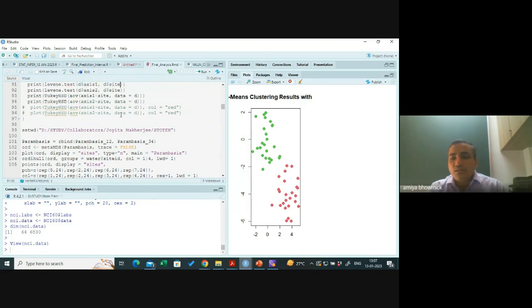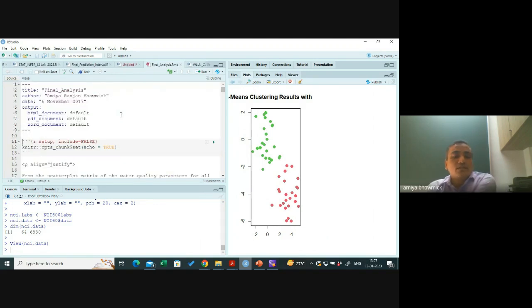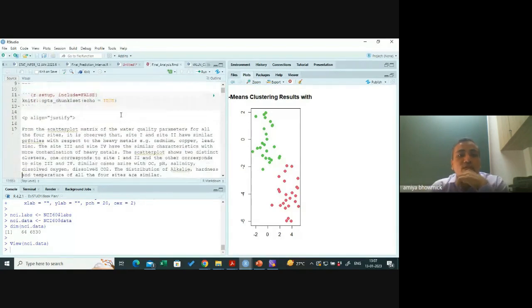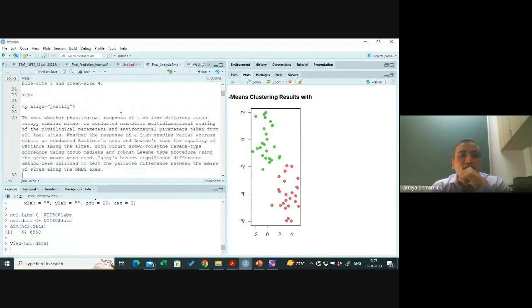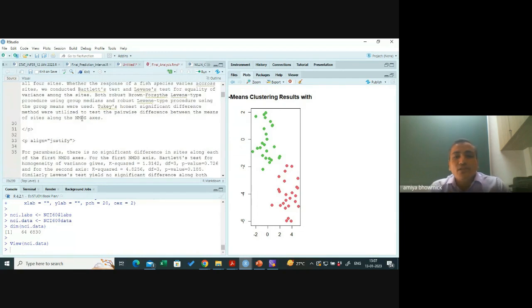Recently we have done an analysis to understand how different fish species respond with respect to the changing climate.